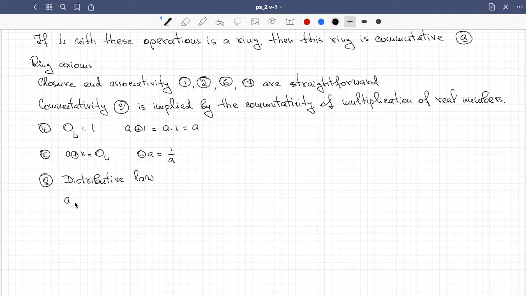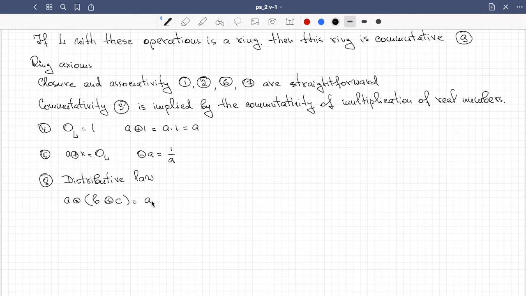We consider A times B plus C, and we want to see that this is A times in circle B plus A times in circle C, and plus is also circled. Let us see what happens. So A, B, C are any positive real numbers.